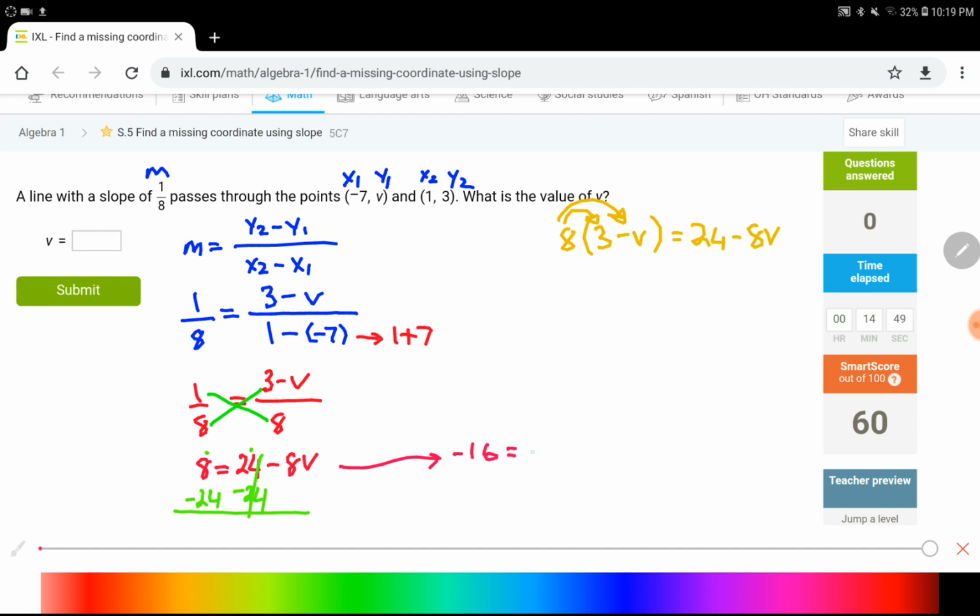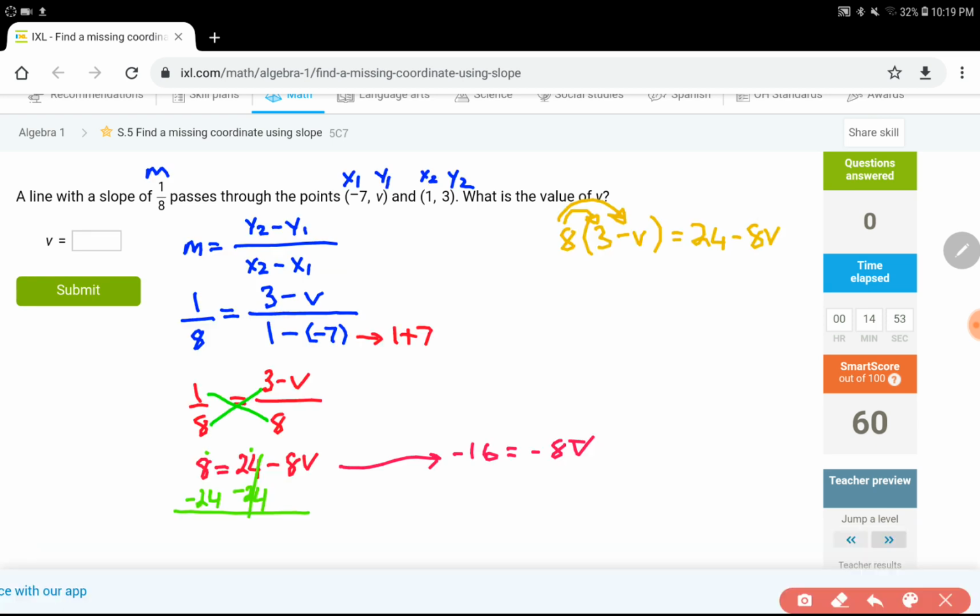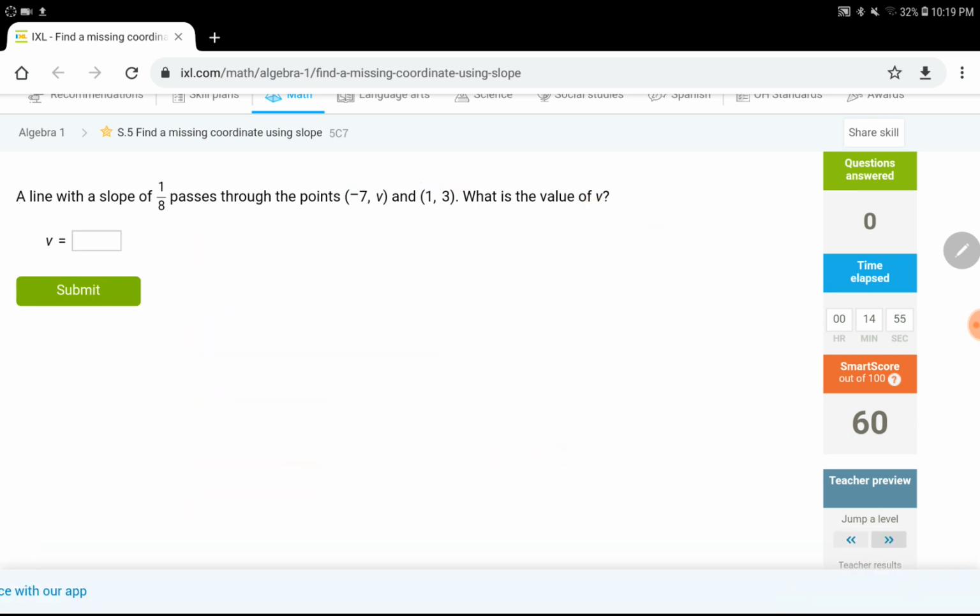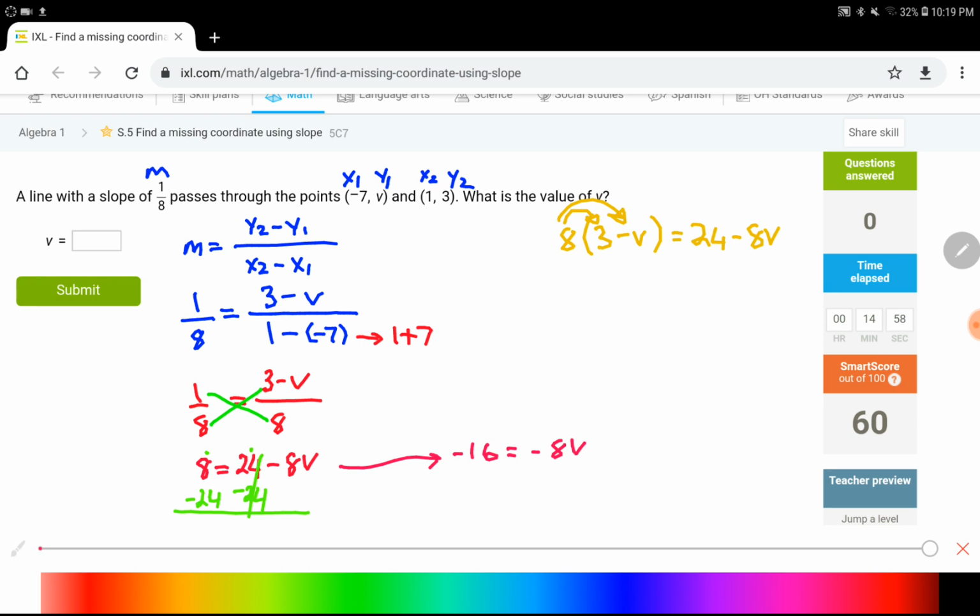On the right side, I have negative 8v. To get the v by itself, divide everything by negative 8. So v would be equal to positive 2.